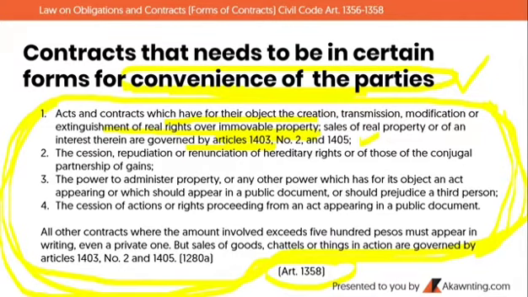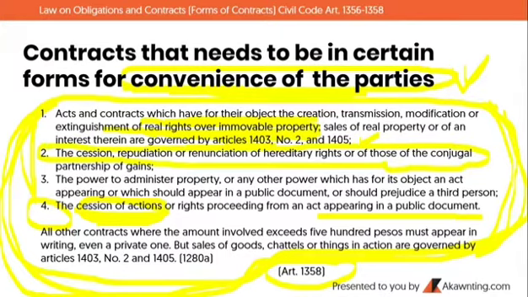Okay? And lastly, number 4, the cession of actions or rights proceeding from an act appearing in a public instrument or document, okay? So, dito sa number 4, ang sinasabi lang dito actually is for example, number 2, sabi mo hindi mo na kukunin yung mana mo, pero nagbago ang isip mo, so gusto mong baguhin yung earlier decision na ginawa mo.